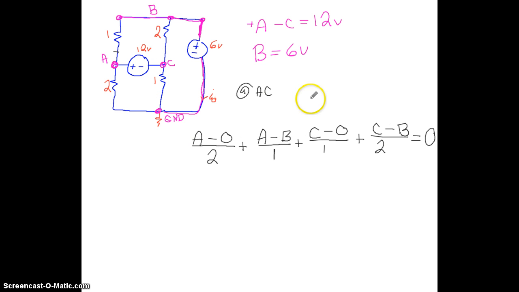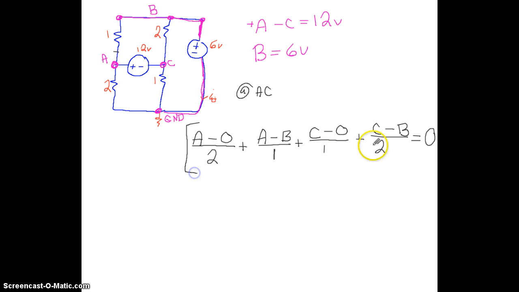So now we've already got the voltages determined at AC. So let's move on to solving for the voltages altogether. Let's just go ahead and simplify this one. We can multiply everything by 2 in order to get rid of these fractions, because I really don't like fractions, so I like to get rid of them as soon as I can.